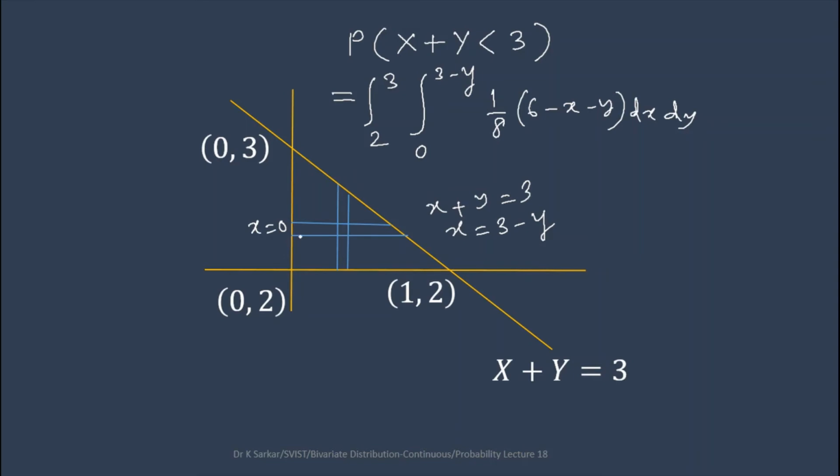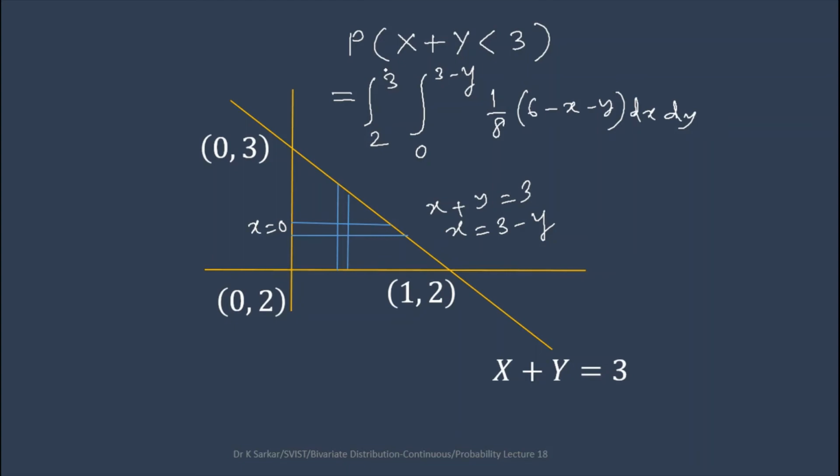Because the horizontal strip starts at x equals 0 and ends on the straight line x plus y equals 3, here x equals 3 minus y. So x limits are 0 and 3 minus y. And the y limit starts from the line y equals 2 and ends at the top of y. The top of y is 3. So y limits are 2 and 3.